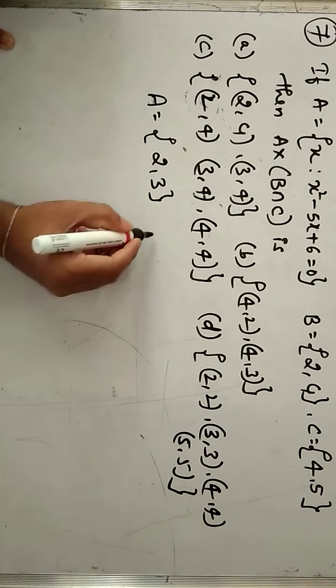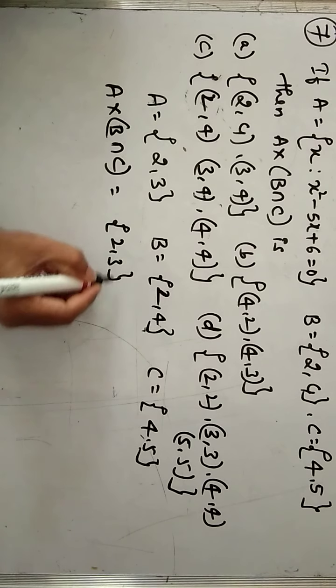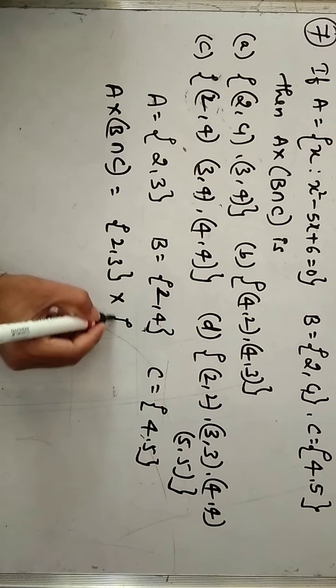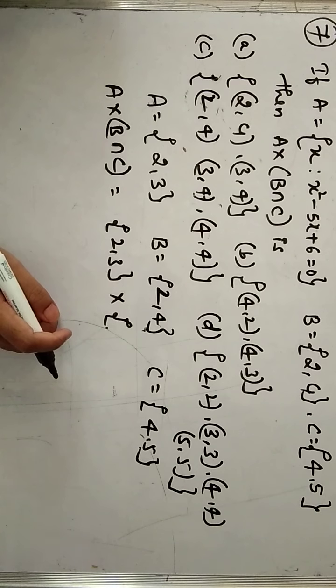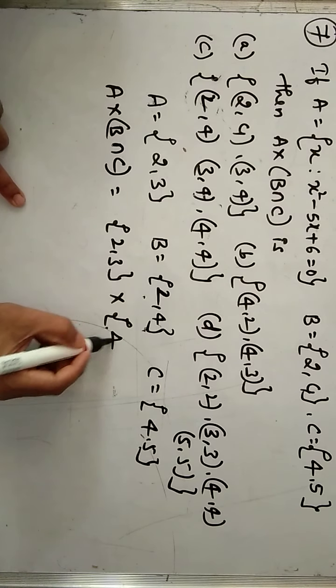Then they are asking A cross (B intersection C). First set A I will write as {2, 3} cross. Then what is B intersection C? B intersection C is the common element, 4 is the common.